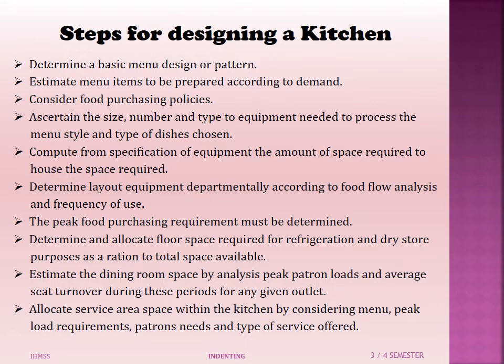Number 9, estimate the dining room space by analysis of peak patron loads and average seat turnovers during this period for any given outlet. Number 10, allocate service area space within the kitchen by considering menu, peak load requirement and patron needs and types of service offered.